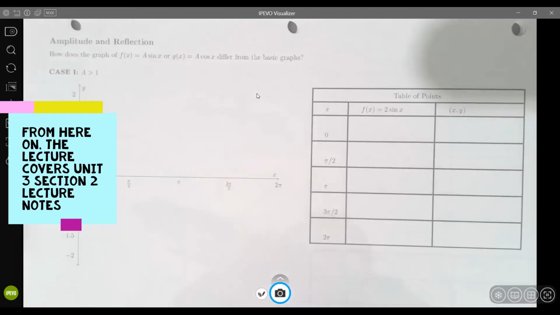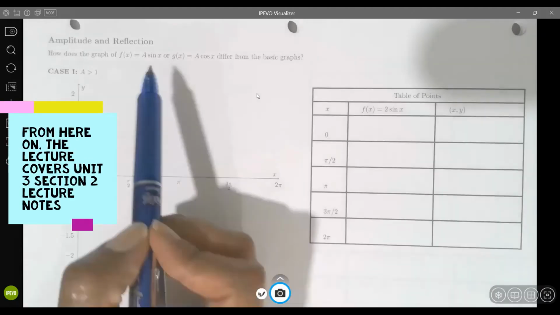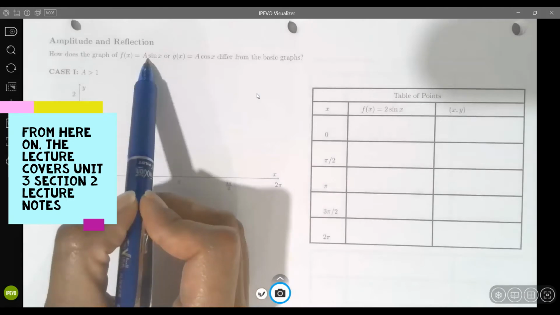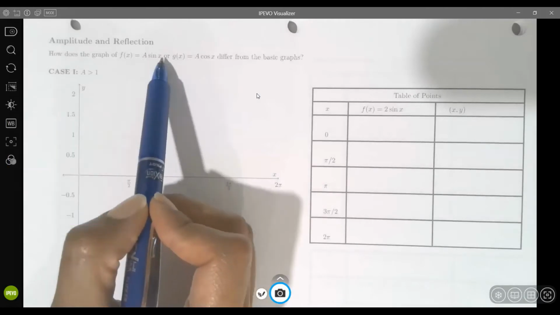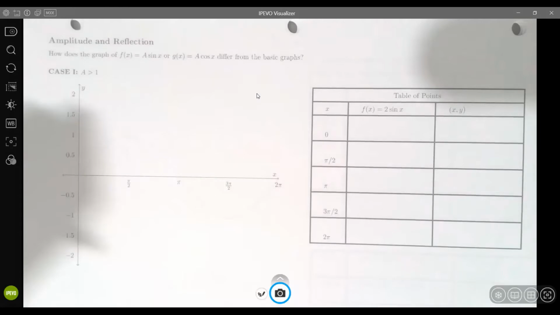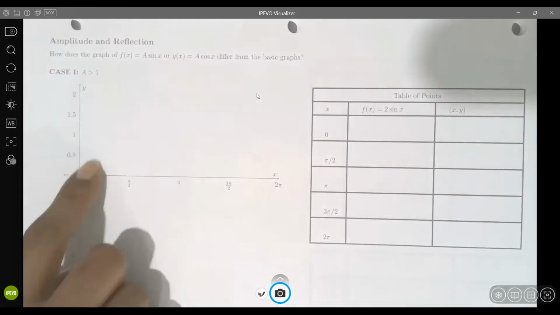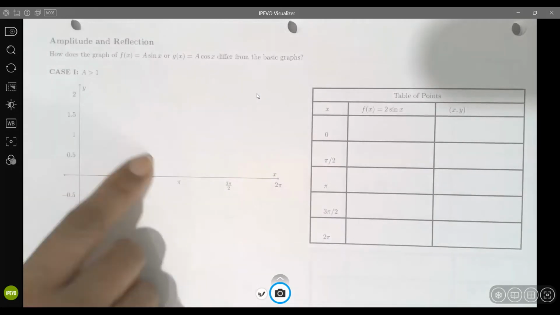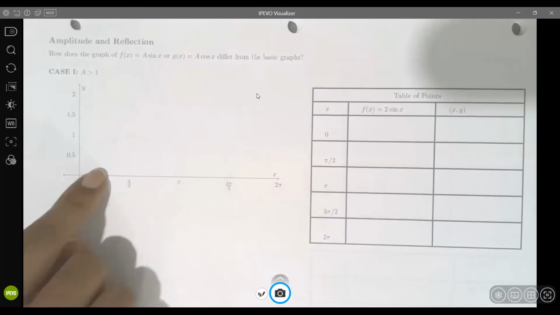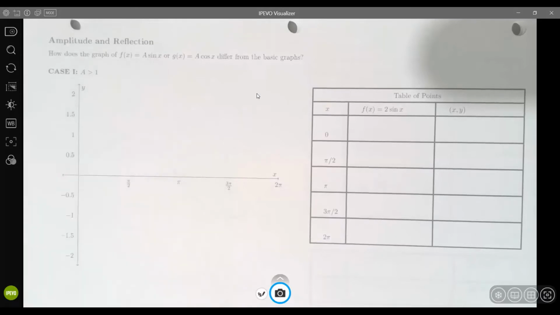What we're going to be taking a look at is what exactly happens when you place a number in front of the sine function, meaning what happens to the graph of it. And I know it's very faint here on the DocCam, unfortunately, but hopefully it looks a little bit more solid on your printed notes.